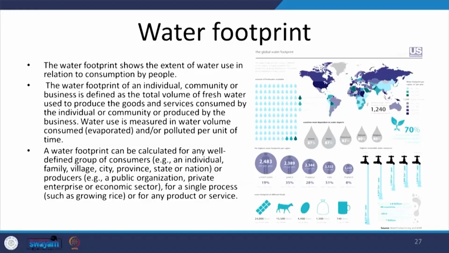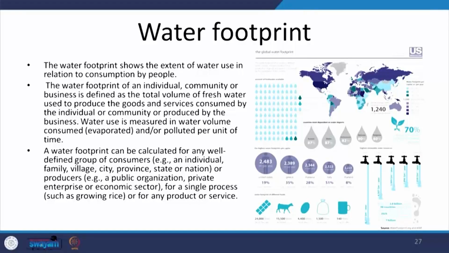Just like we have carbon footprint, we also have a terminology which we call as water footprint. So, for each of the product and process we consume water, and how much is that water footprint is calculated in exactly the same manner as we calculate the carbon footprint or environmental footprint, ecological footprint.